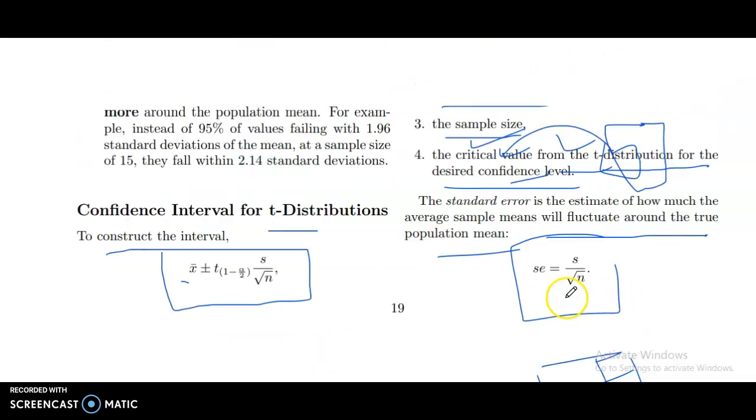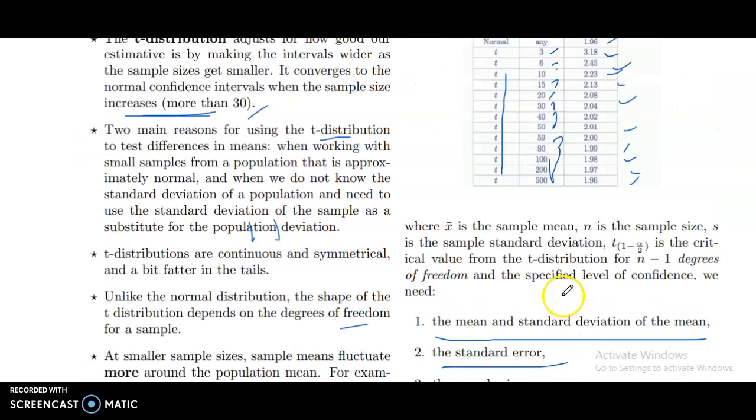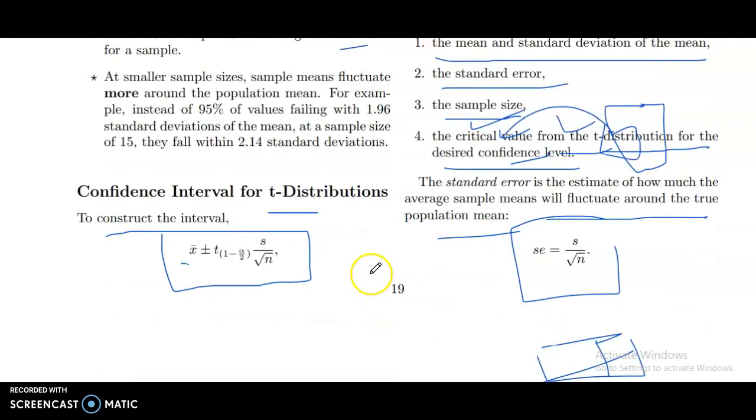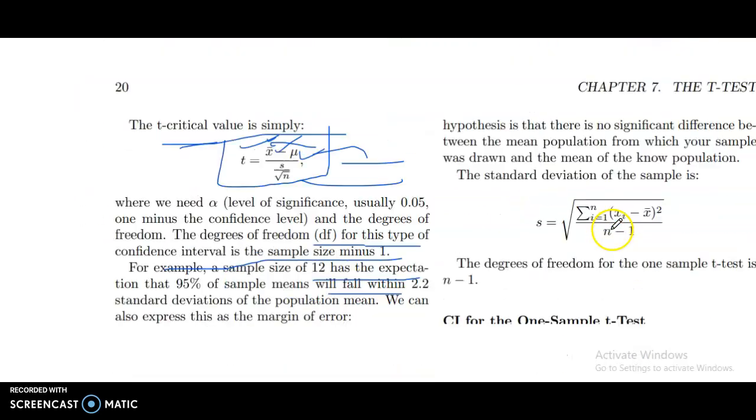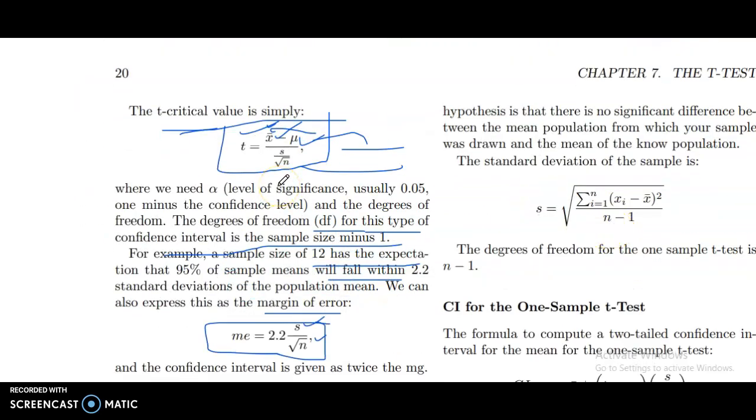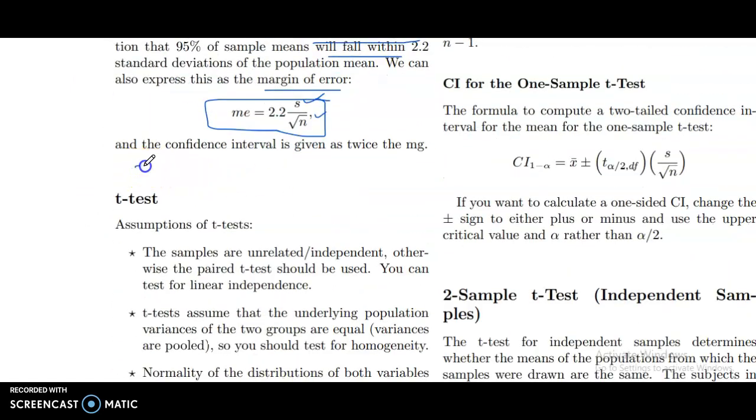Here s is the sample standard deviation, as we already know. And the confidence interval is given as twice the margin of error.